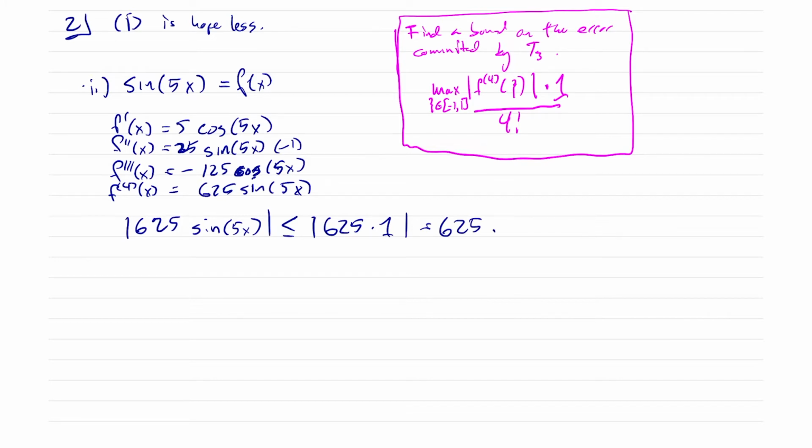Then the overall bound on the error is 625 divided by 24, which is 4 factorial. It's pretty big, honestly. There's no way to simplify that. 625 is composed of only multiples of 5, and since 24 only has 3s and 2s, you can't cancel anything out.